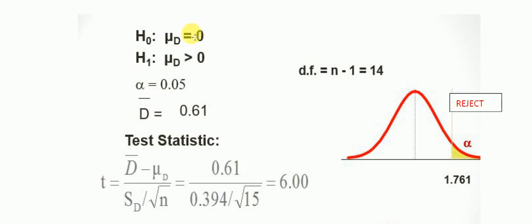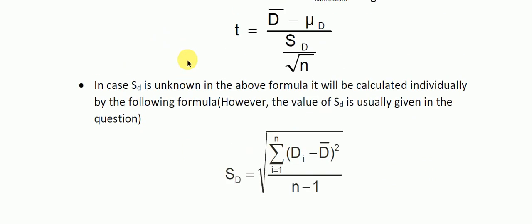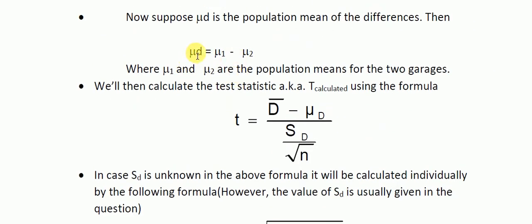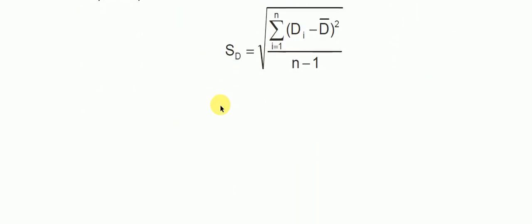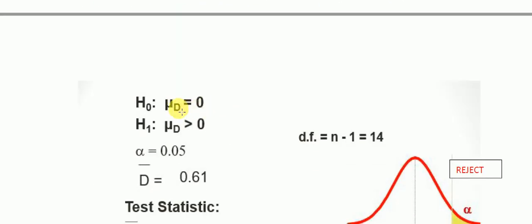Okay, so looking back at the formula, we have this D bar and then we have mu D. So basically mu D represents our null hypothesis. So as shown over here, mu D is this. According to the null hypothesis, mu D should be 0. That is, that there is no difference between the prices offered by both of those garages.